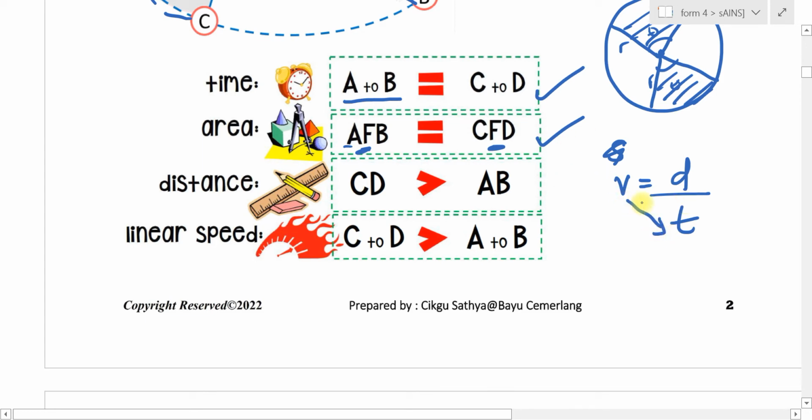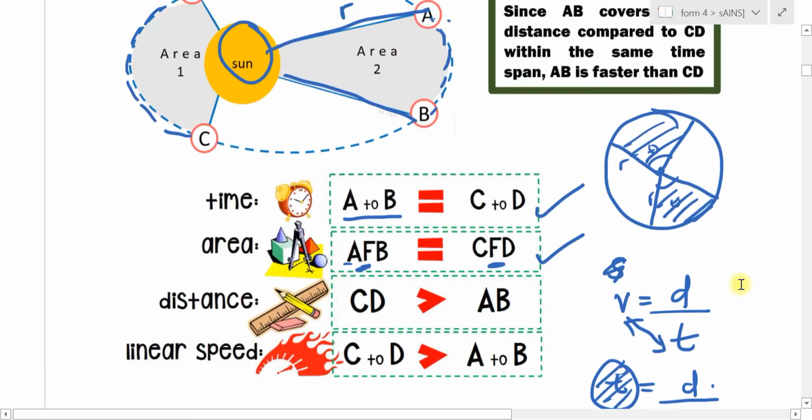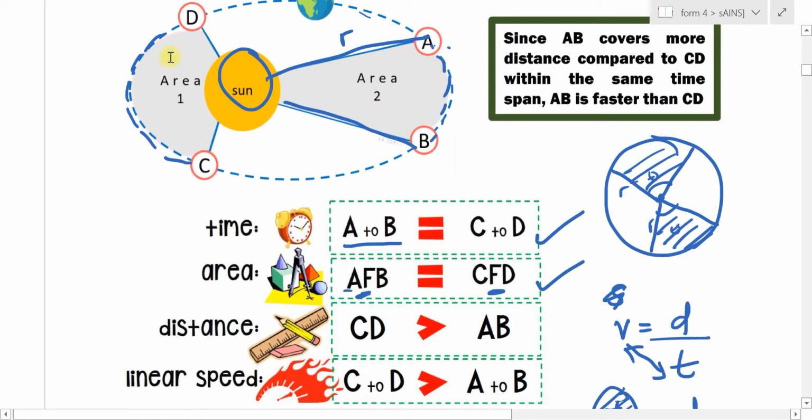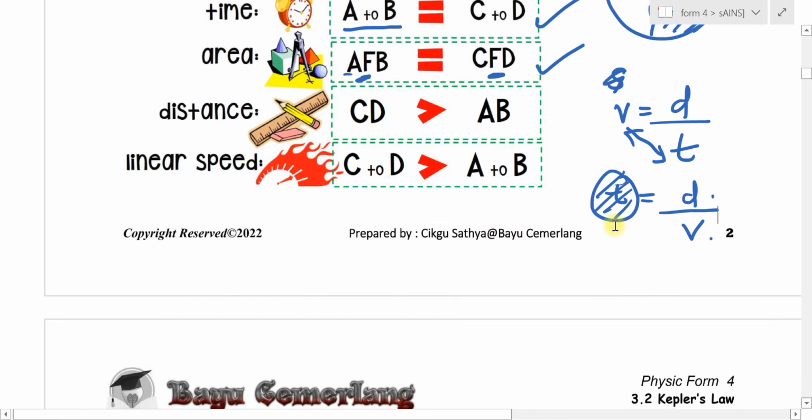Kita swap dulu. Dia akan jadi apa? Distance over velocity. Sebab T ni constant, jangan kacau dia. Kita nak compare distance dengan velocity. Jadi kita compare A to B distance and C to D distance. A to B is shorter, C to D is covering more length, right? So when your distance meningkat, your velocity meningkat.